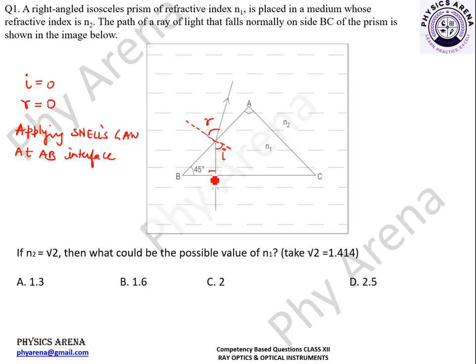So we can say that if this angle is 90, this is 45, this will be 45. So i will also be 45. So i here is 45 degrees, and we don't know anything about r.